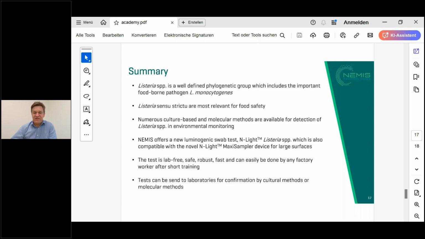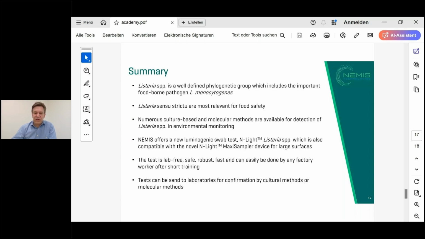The Listeria sensu stricto are even more closely related and cluster in one part of the Listeria genus; they are the most relevant Listeria for food safety. You already have well-established culture-based and molecular methods of quite high diversity available for detection of Listeria spp., and as part of that also Listeria mono in environmental monitoring.